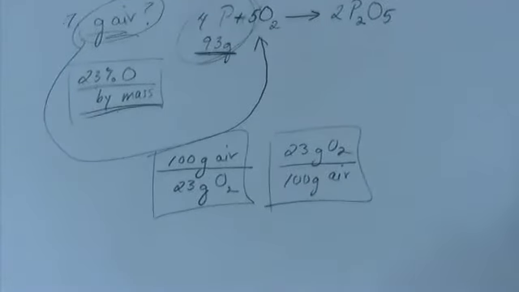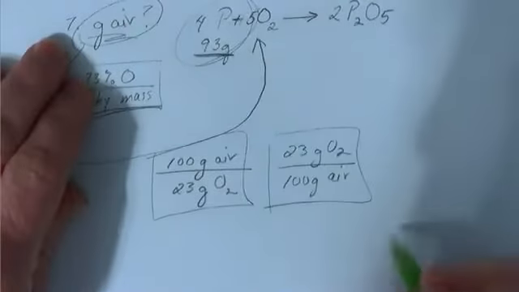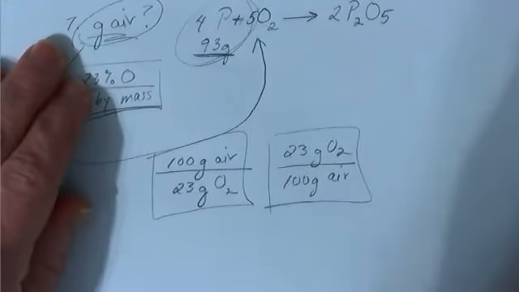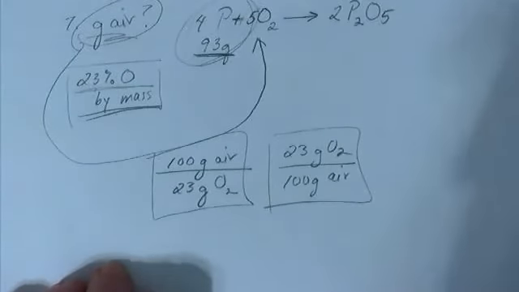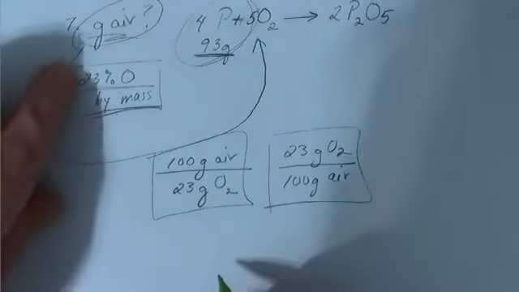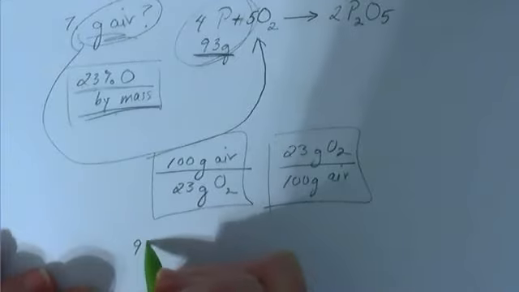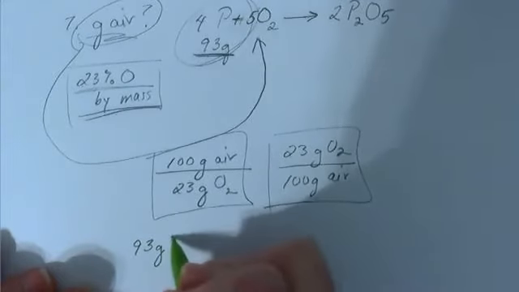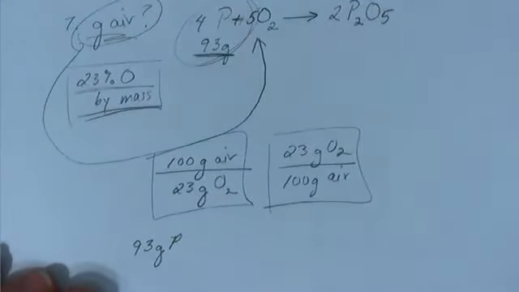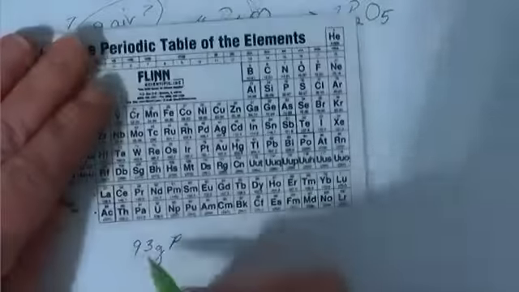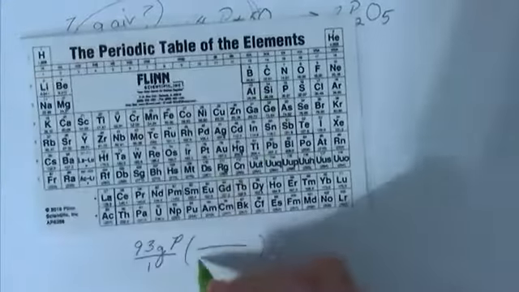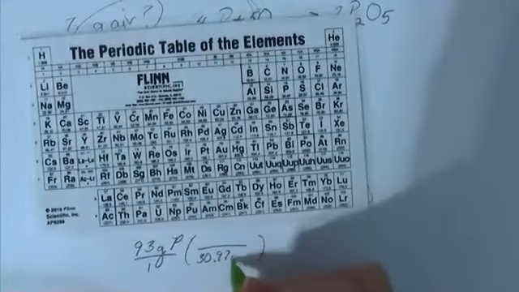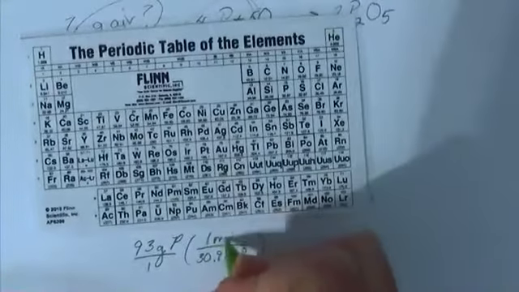Okay, we want to find grams of air as our final answer. So we have to keep in mind that's what we want to relate to. Okay, so I'm going to start with my 93 grams of phosphorus. Well, where do we go from there? Where do we usually go? To moles. And so we have 30.97 grams of phosphorus in every 1 mole.